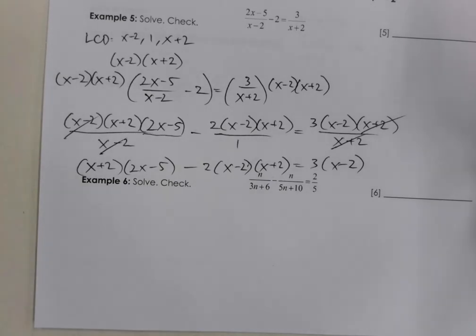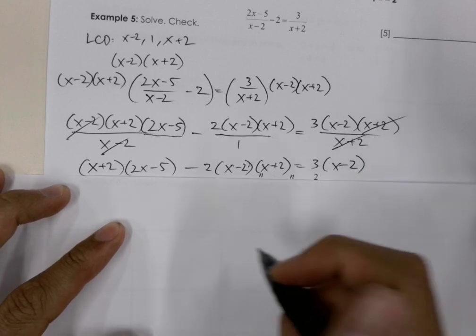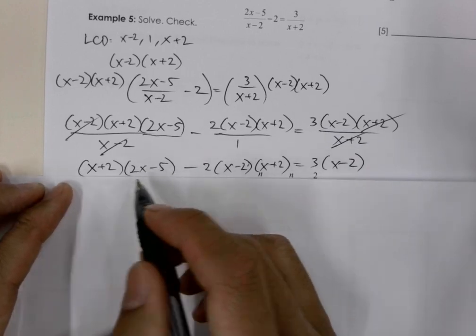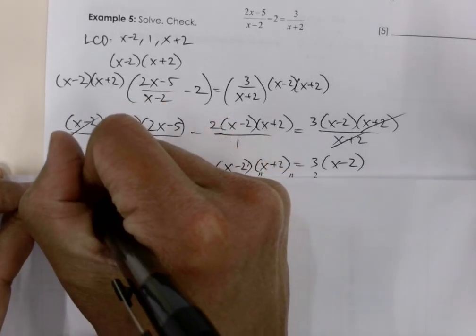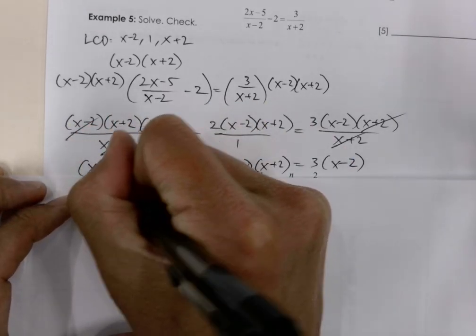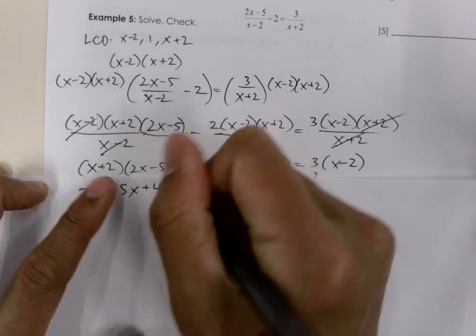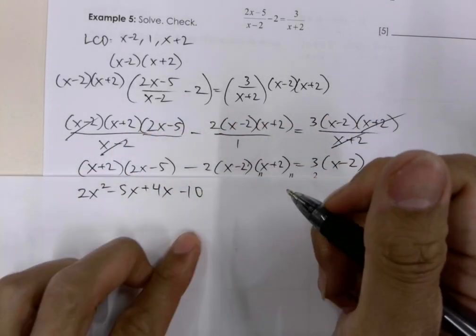Well, we'll go ahead and work this out. Let me get some scratch paper. So we'll go ahead and work this out. So we'll use FOIL method. And so we'll get 2x squared minus 5x plus 4x minus 10.